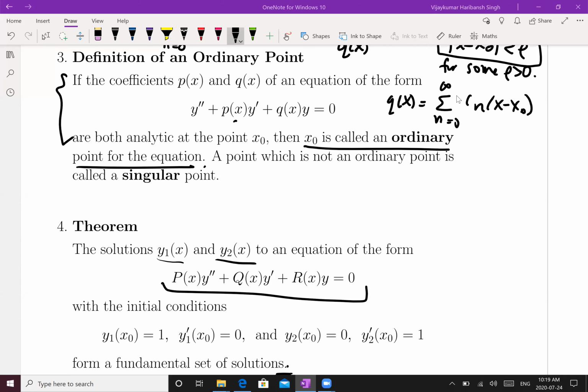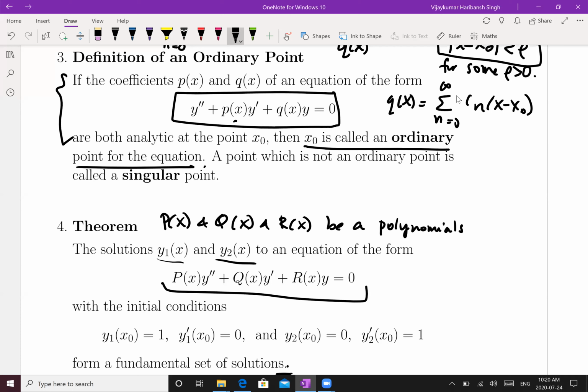So in this theorem, we'll consider a special kind of analytic function. Let's consider P(x), Q(x) and R(x) to be polynomials. If you convert it in this format, then what you want is that the denominator should not become 0. So all we need is that P(x naught) is not 0.